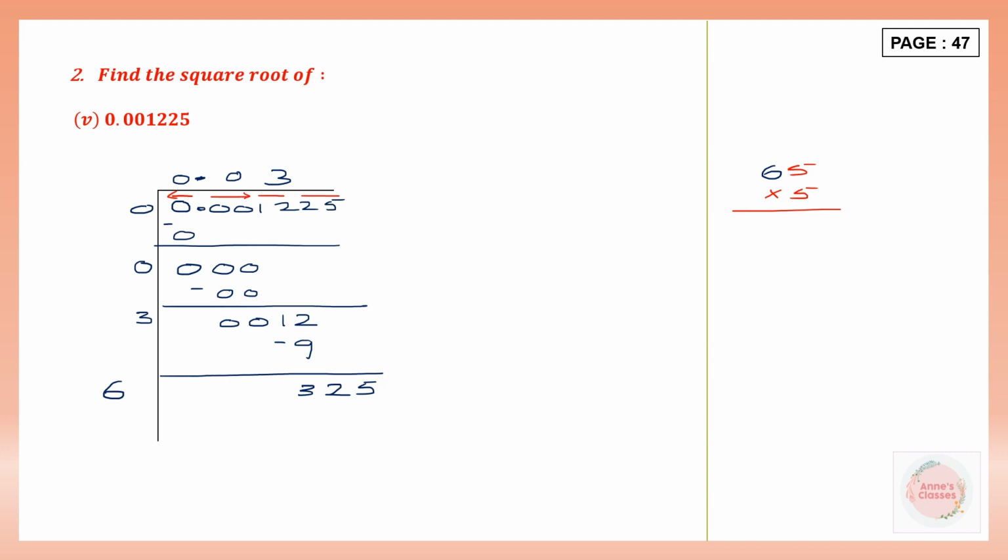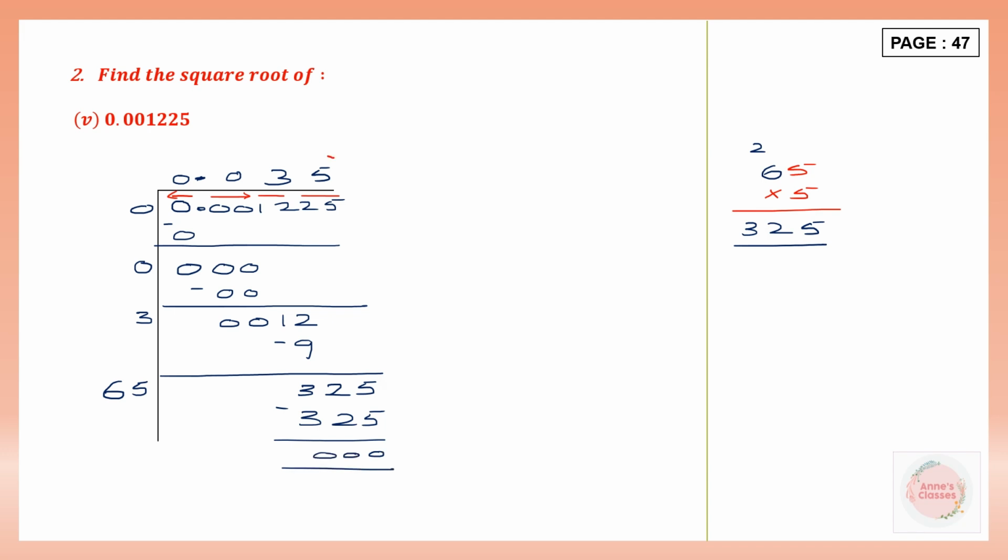5 5s are 25. Carry 2. 5 6s are 30 plus 2, 32. So I have 325 here. So here also I have 325. So if I put the number 5 next to 6, I will get 65. So let me put 65 and 65 into 5 is 325. Minus, now we get a 0 and our answer is the quotient.